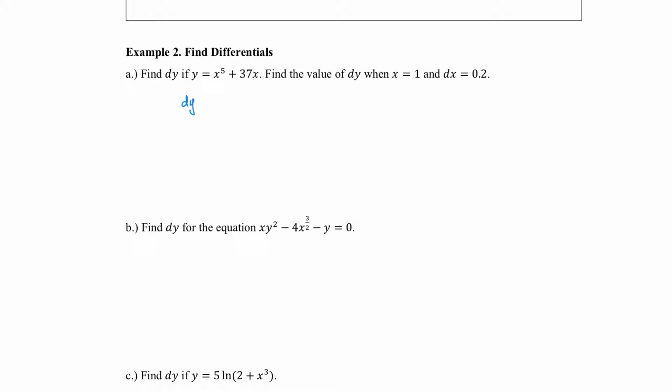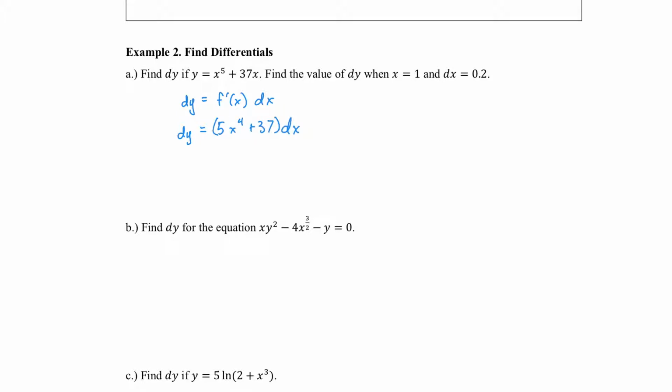So the differential dy, in terms of its definition, is equal to f prime of x times dx. In other words, dy is equal to f prime of x, which is 5x to the fourth plus 37, times dx.